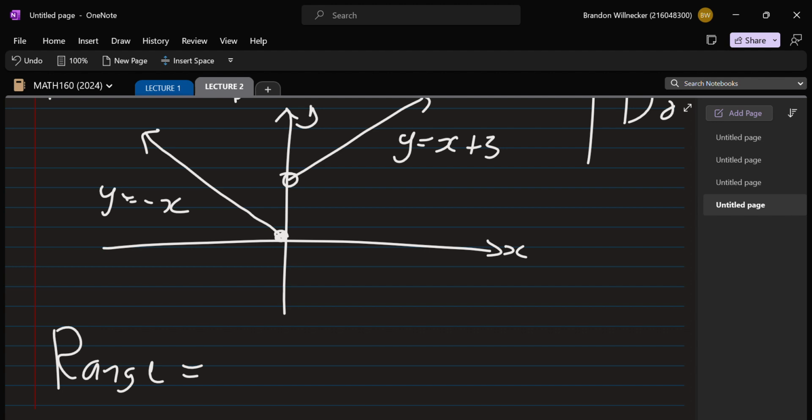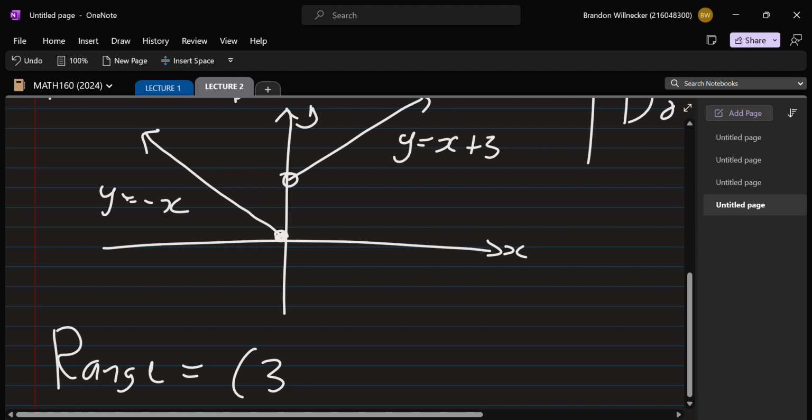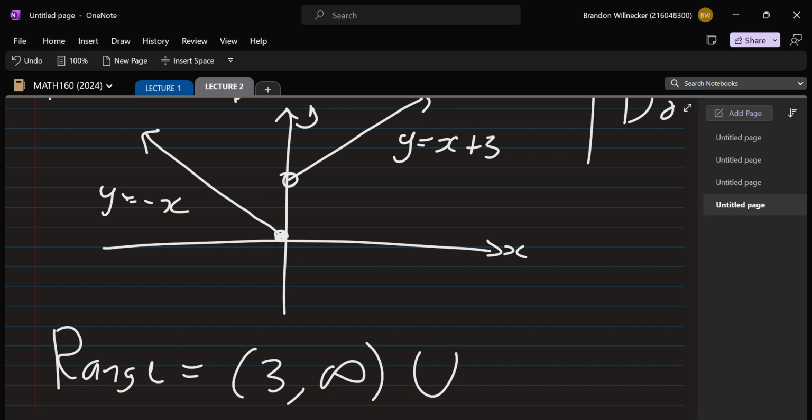Can we reach anything above 3? Yes. So that's going to be from 3, open bracket, not including 3, all the way to infinity. The point does not exist for that function. Union, well, we can reach other points a different way.